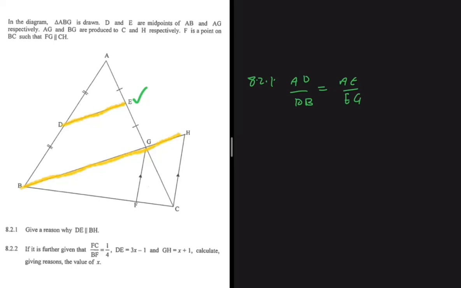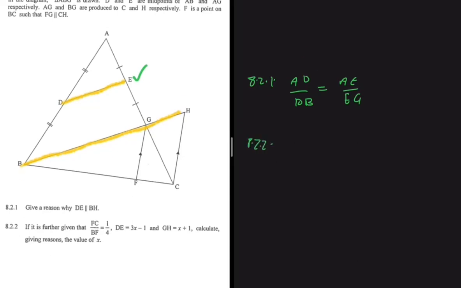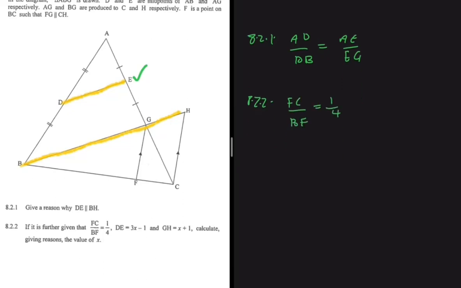Now let's do 8.2.2. So 8.2.2 is saying that if it is further given that FC divided by BF is equals to 1 divided by 4, and that DE is equals to 3x minus 1 and GH is equals to x plus 1.